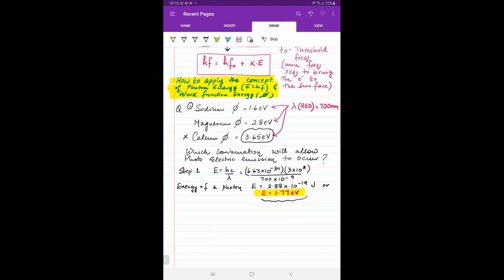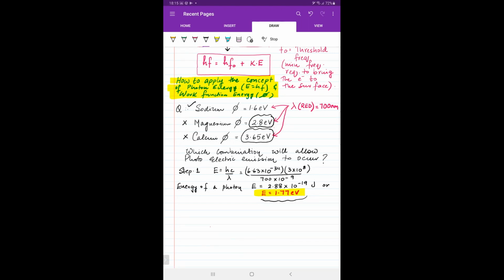So calcium से emission तो नहीं हो सकती. Let's move on to the next one. Even magnesium से chance नहीं बनता. Because once again, the work function energy demand is much higher and the incoming photon comes in with a far lesser amount. So इसके साथ भी काम नहीं बन रहा. But yes, surely with sodium.